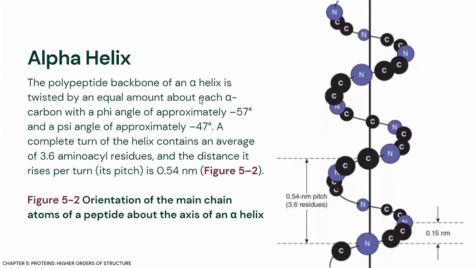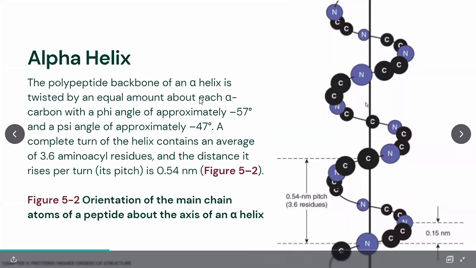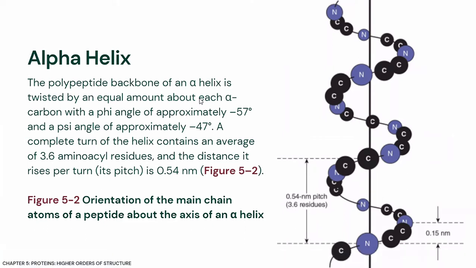Okay, this is the alpha helix. So all those carbons and nitrogens are being shown. This is the axis, the central axis. You can have a clockwise helix or a counterclockwise helix.